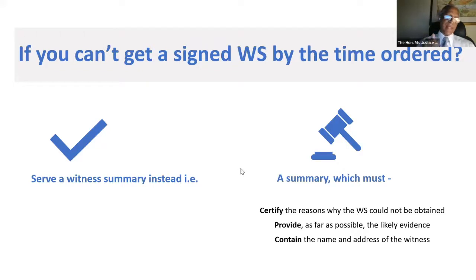Venial sins, well, the rules provide mechanisms for appropriate absolution. And we will give you some cases where the court allowed the time for witness statements to be exchanged to be extended. Next slide.